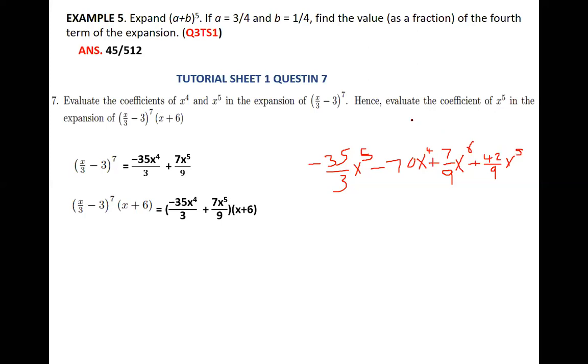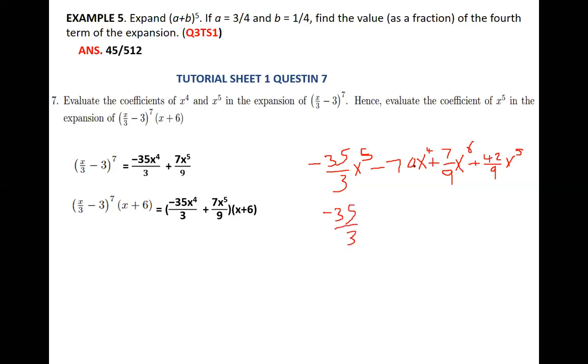But the question here is saying you just get the coefficient of x to the power 5. That's what the question is asking us to do. So how do you do that? You just get these terms having x to the power 5 and add their coefficients. So you're going to have negative 35 over 3.